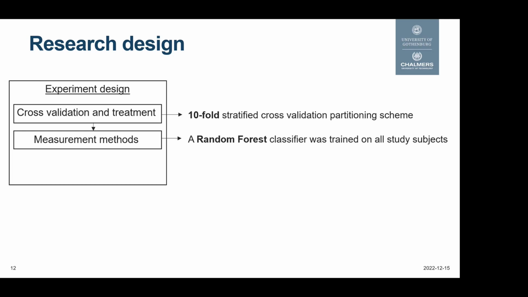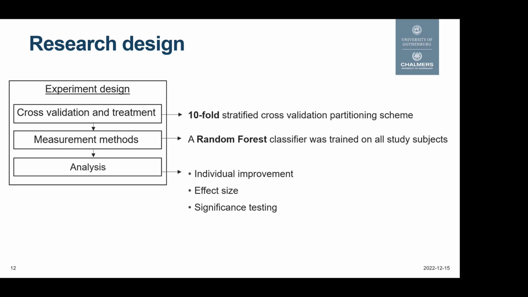And then we used a random forest classifier to train on the data set before it was exposed to the treatment and after it was exposed to the treatment. For the analysis, we measured the impact of each of those algorithms on the four dependent variables for each individual project.